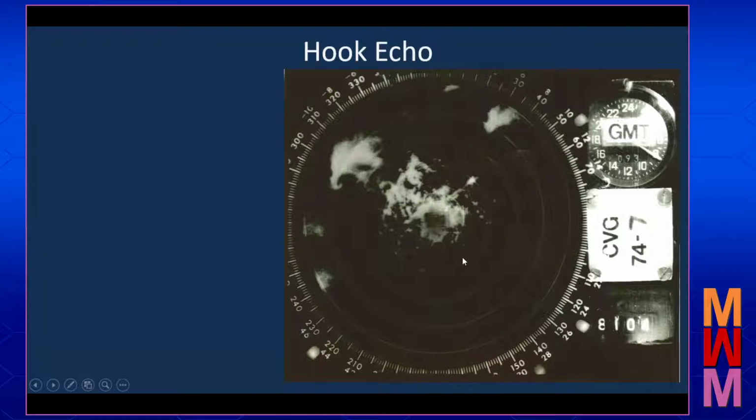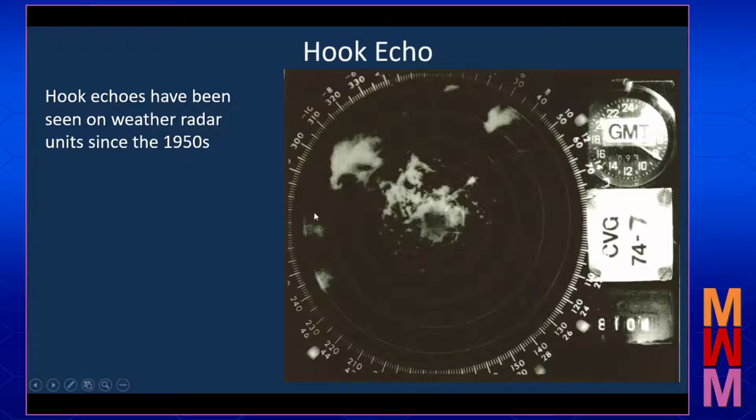And then finally, of course, a reflectivity feature that a lot of us, I'm sure, are familiar with is the hook echo. Hook echoes have been seen on weather radars since at least the 1950s, and this is actually a picture from the April 3rd, 1974 super outbreak. This radar is near Cincinnati, Ohio, and we can see the hook echo here to the west-northwest of the radar site.